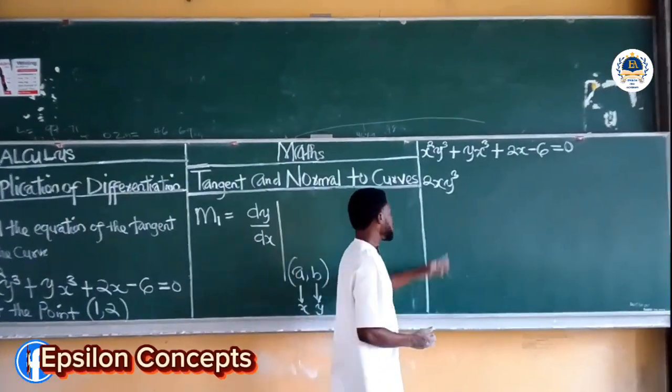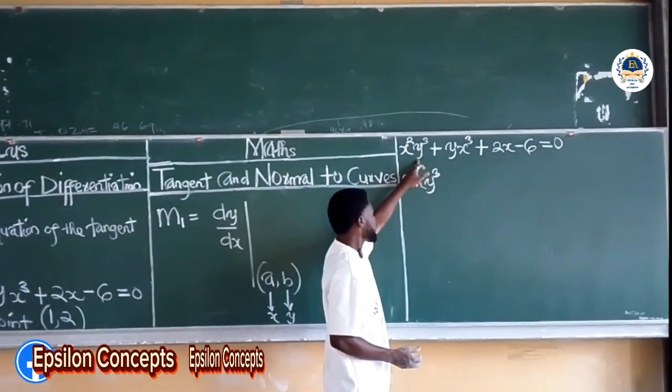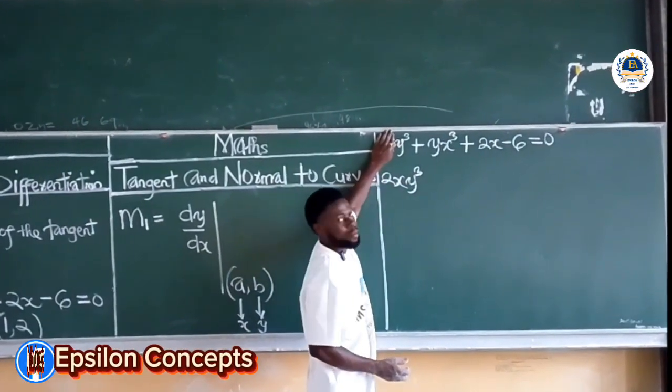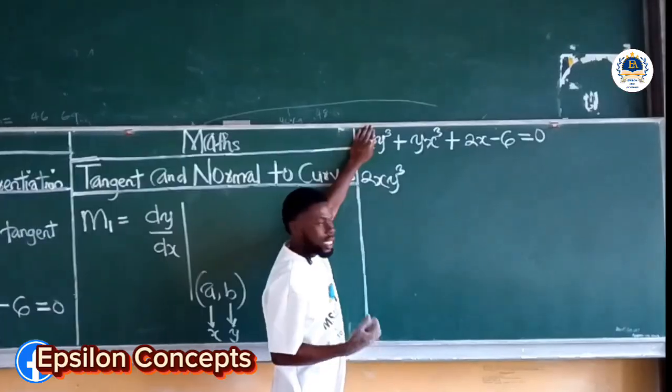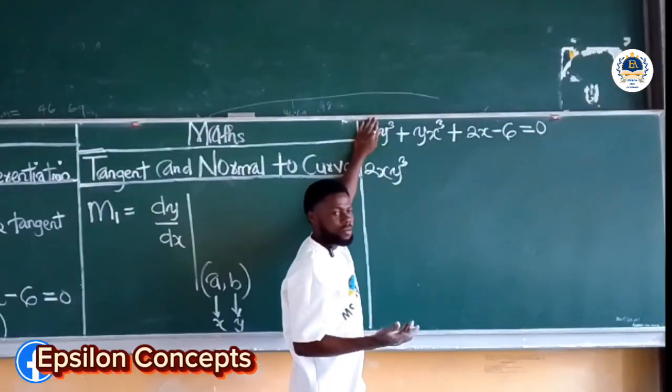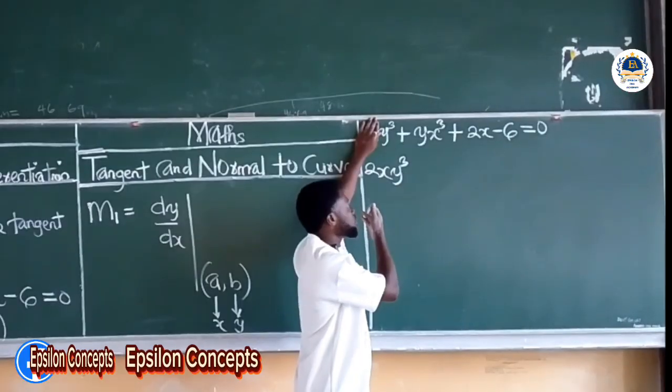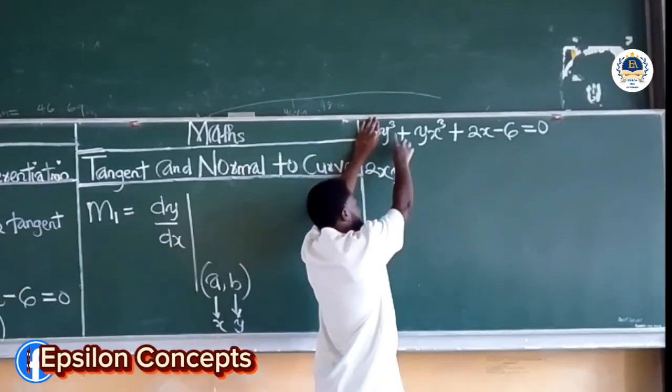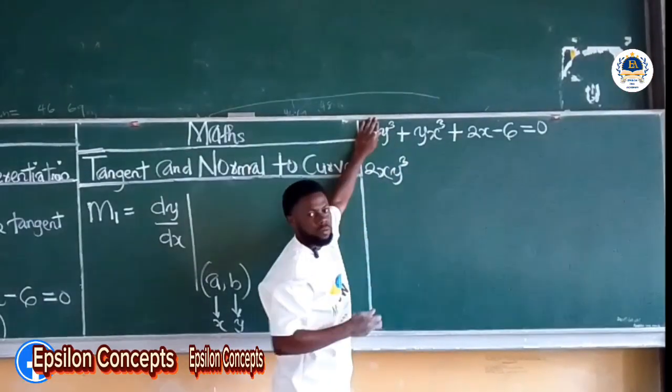Also, let us differentiate the y term by hiding this term on the board. At this point, we are left with just y raised to the power of 3. So the derivative of this term is 3y raised to the power of 2.